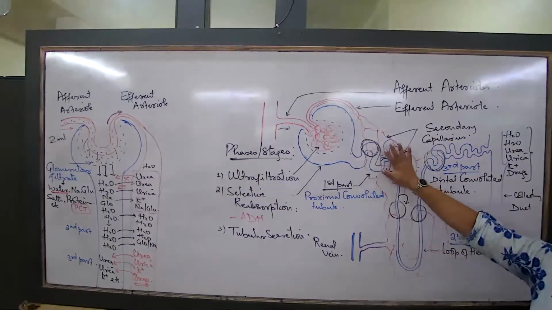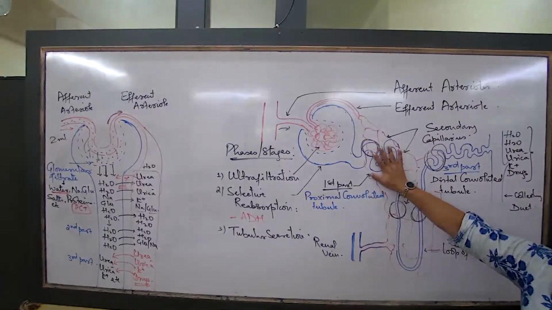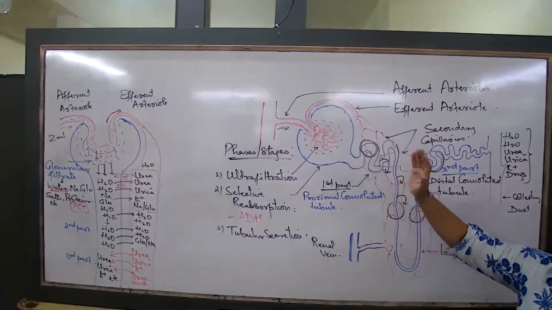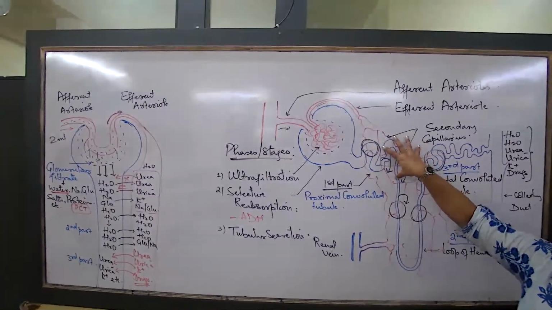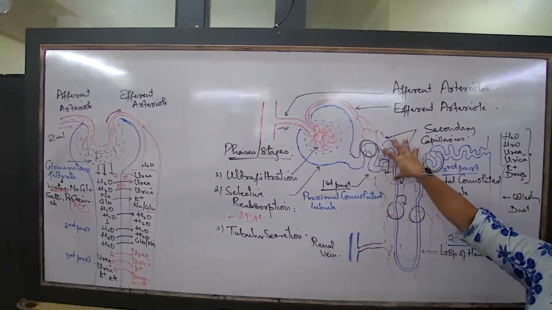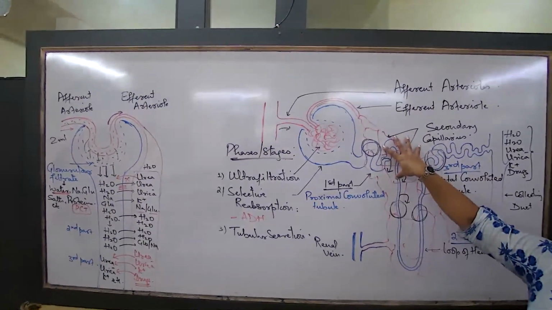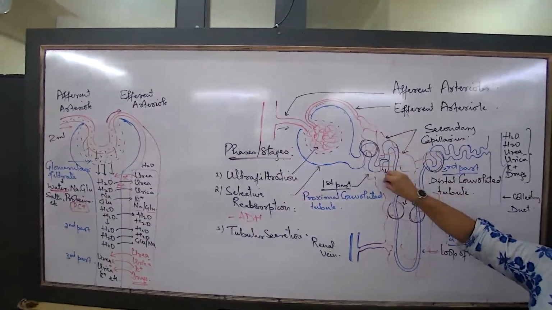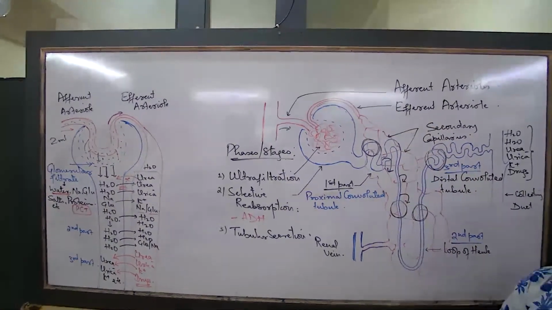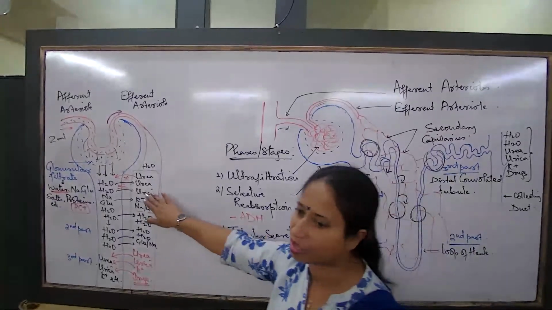So in the first part, which substances are getting exchanged? Water is moving from blood to tubule or tubule to blood. Sodium is moving from tubule to blood. Glucose is moving from tubule to blood.